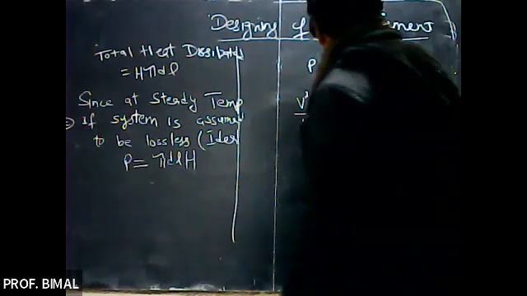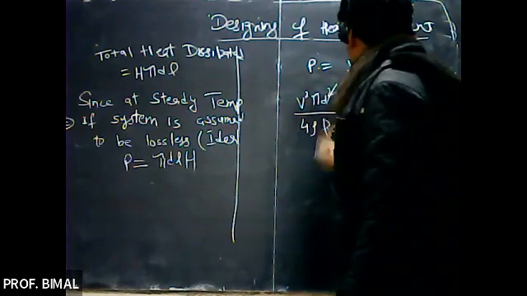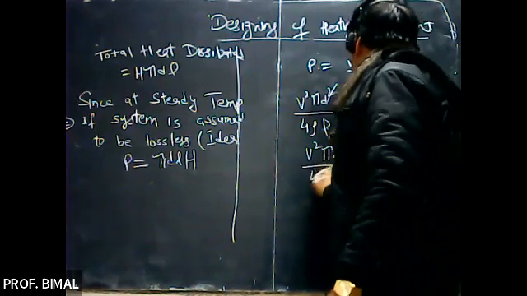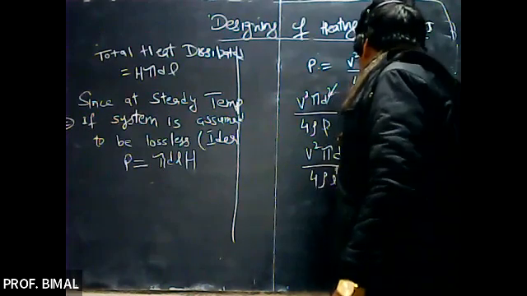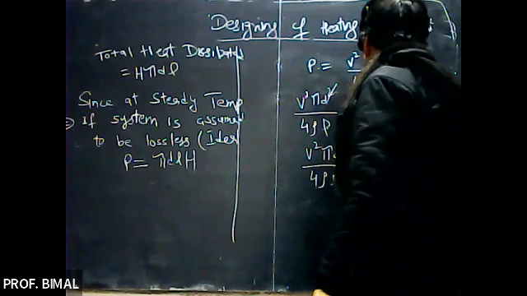You may see this d will be cancelled out. L will be multiplied on this side. You will get V square pi d upon 4 rho L square is equal to pi into H, right?